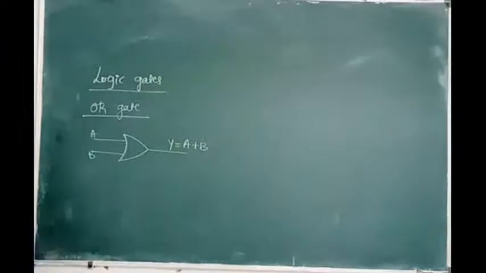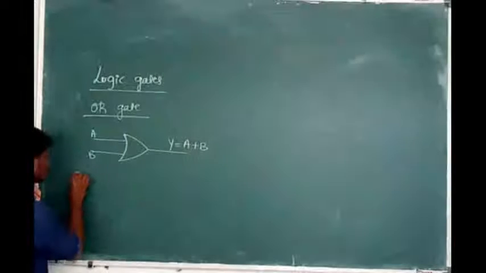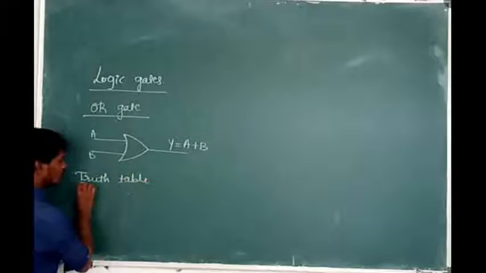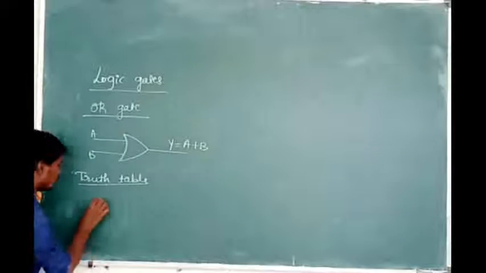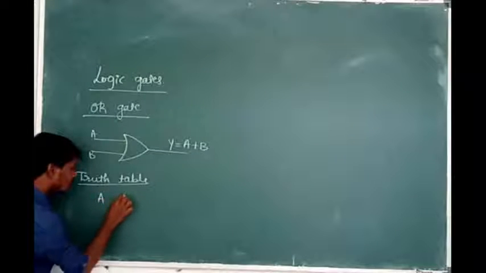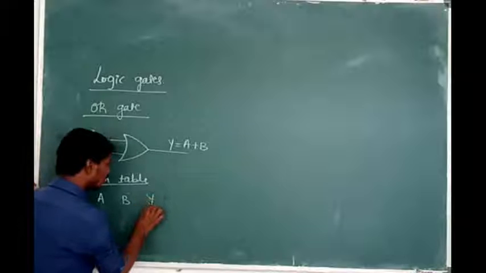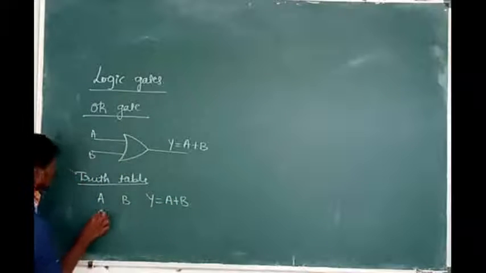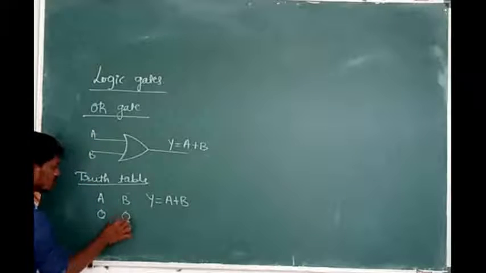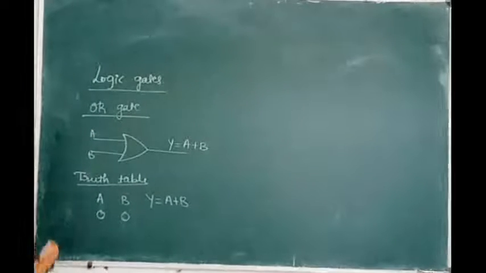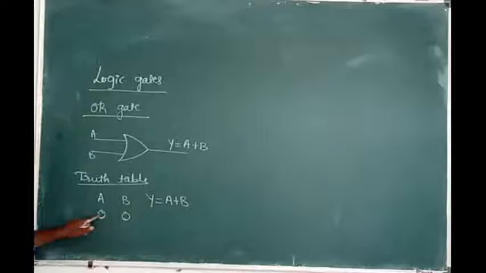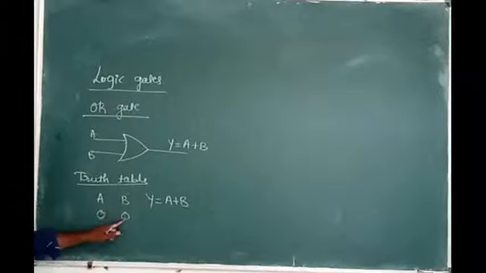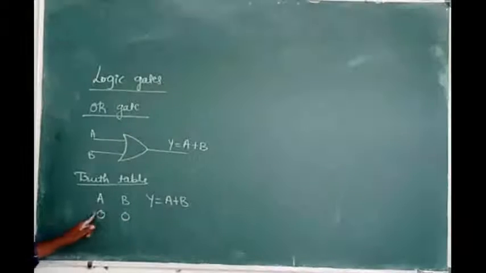Then what is the truth table for the OR gate? See here, there are two inputs, A and B, and one output, Y equals A OR B. If A is 0 and B is also 0, where 0 and 1 are the binary numbers, it means off and off, or open and open, or otherwise low and low.